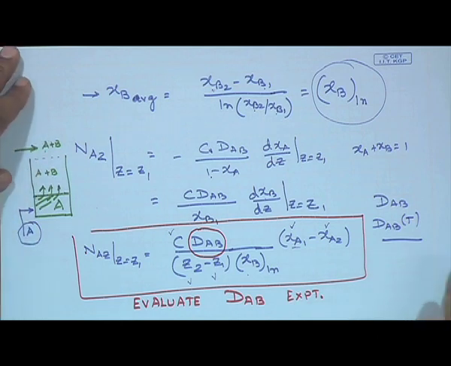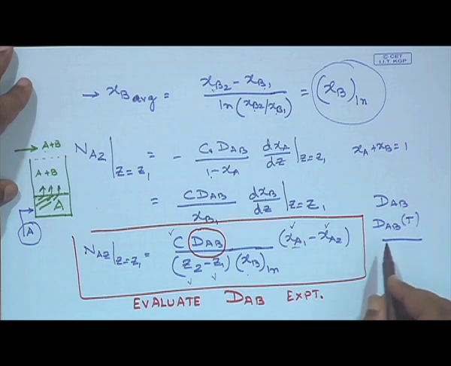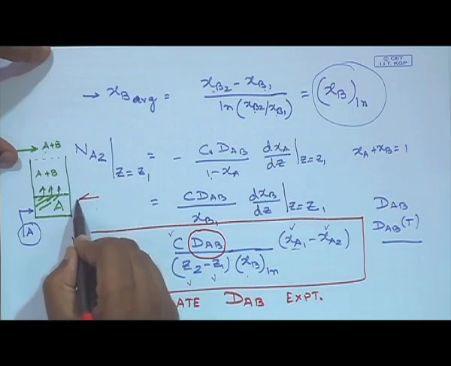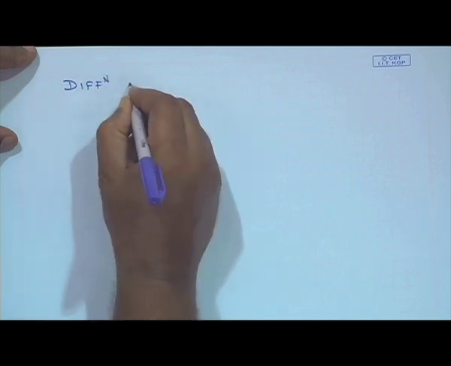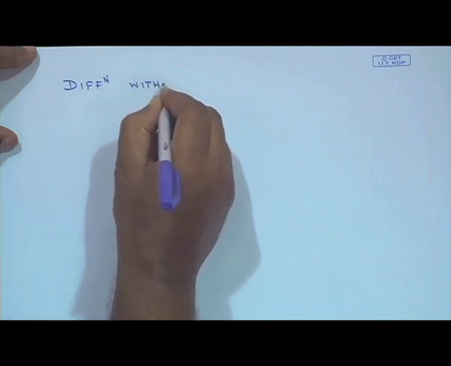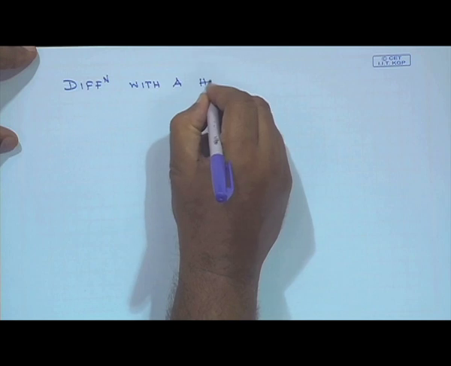For experimental determination of diffusivities used in film theories of mass transfer and so on, this type of arrangement, this type of experiment has been extensively used. The next problem that we are going to look at is diffusion with a homogeneous chemical reaction.